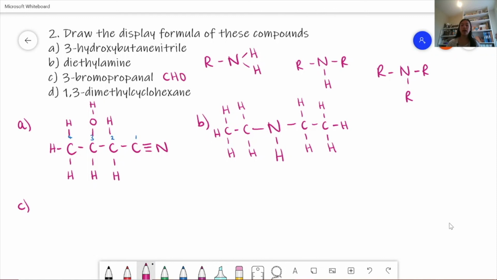And so we have 3 carbons because it's propanal, and on the last carbon we have a double bond O and a hydrogen. And then we have 3-bromo. When we have these kinds of functional groups, automatically the carbon with that functional group will be named number 1 because it takes priority. So we have 1, 2, and 3. And so the third carbon is the last carbon, and we've got a bromine attached to it, and then the rest are all hydrogens.